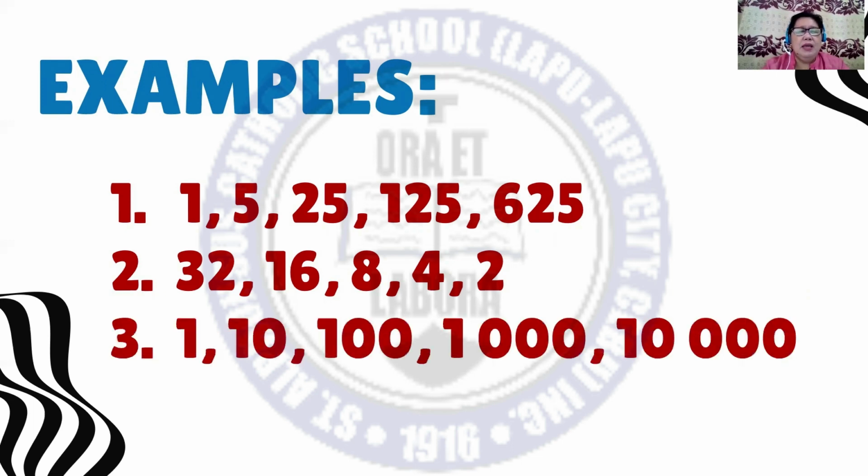Next, number 3, you are given 1, 10, 100, 1,000, 10,000. It has a definite number of terms and the last term is 10,000. And this is geometric because there is a common ratio which is equivalent to 10.